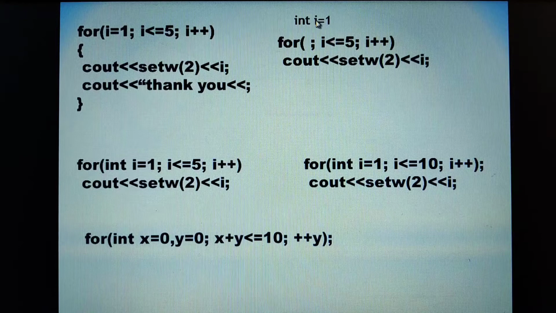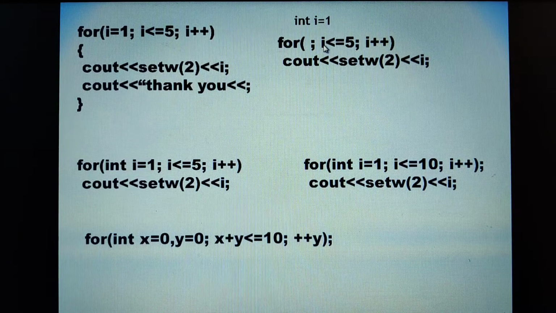Now here, outside this for loop only, I have already initialized I to be 1. So there is no need to reinitialize it in the for. But you have to separate it with the semicolon. Then I should be less than or equal to 5. Then semicolon and I plus plus. Now this is also a valid one because the initialization part is optional.